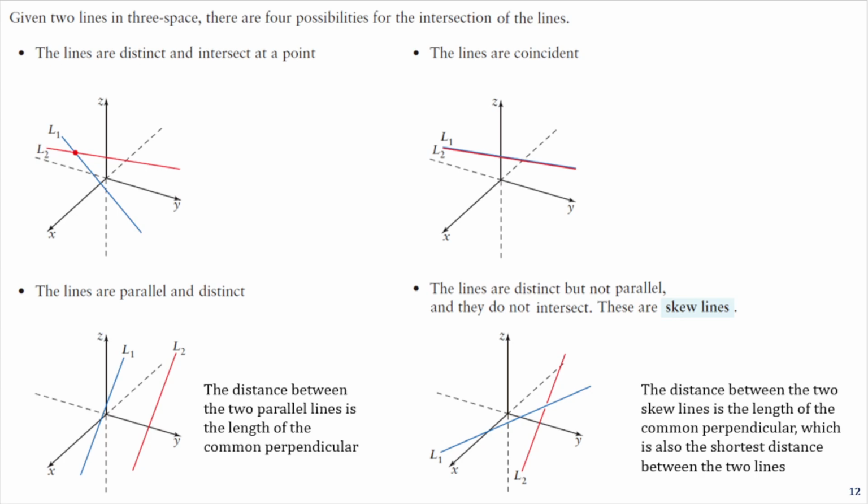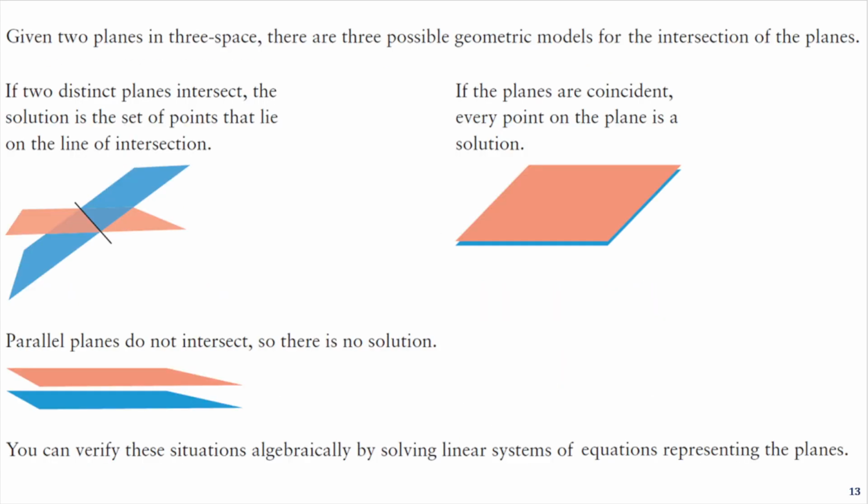Distance between the two skew lines is the length of the common perpendicular, which is also the shortest distance between the two lines. Again, when you learn the concept of advanced analytical geometry, it's also possible to find the distance between the two skew lines. So we'll leave this in our future lessons.